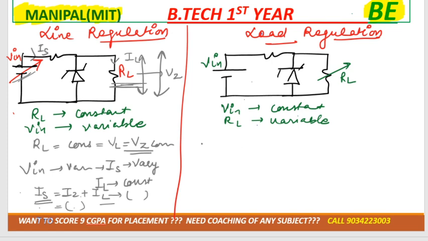सेम इज द केस ओवर हियर, हियर Vin इज कांस्टेंट, राइट? तो यहाँ से जो हमारे पास IS आएगा, IS is also constant, yes or no?